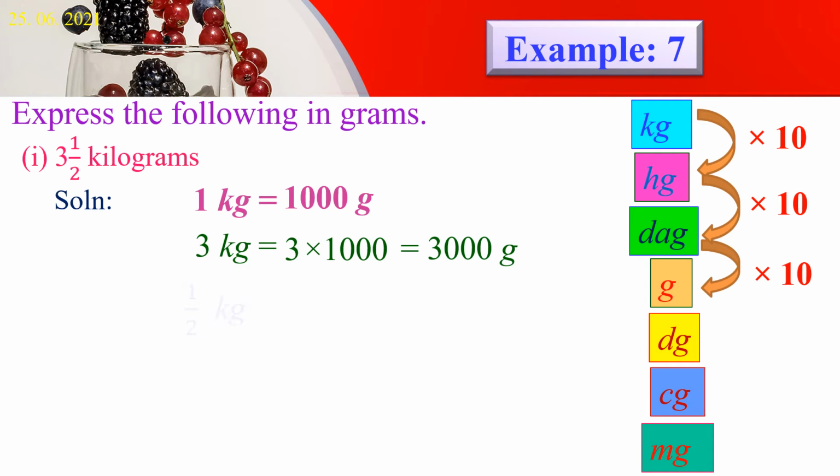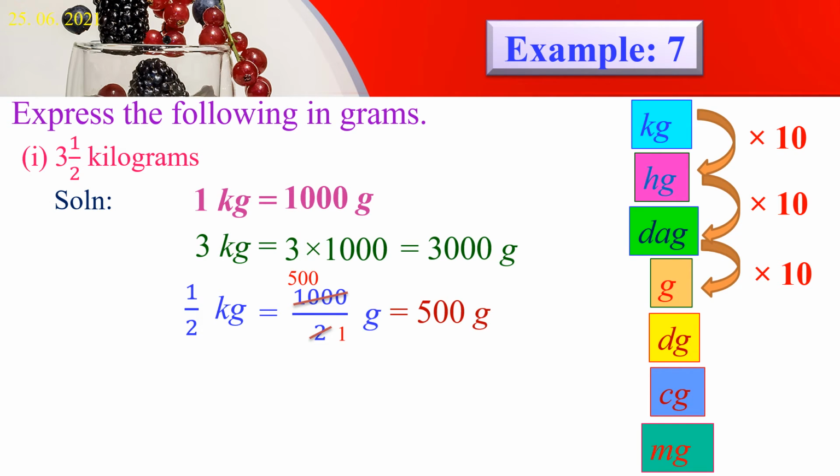Now let us take this 1 by 2. 1 by 2 refers to half kg. On multiplying 1 by 2 with 1000, we have 1000 by 2. On cancelling by the common factor 2, we have 500 in the place of 1000.